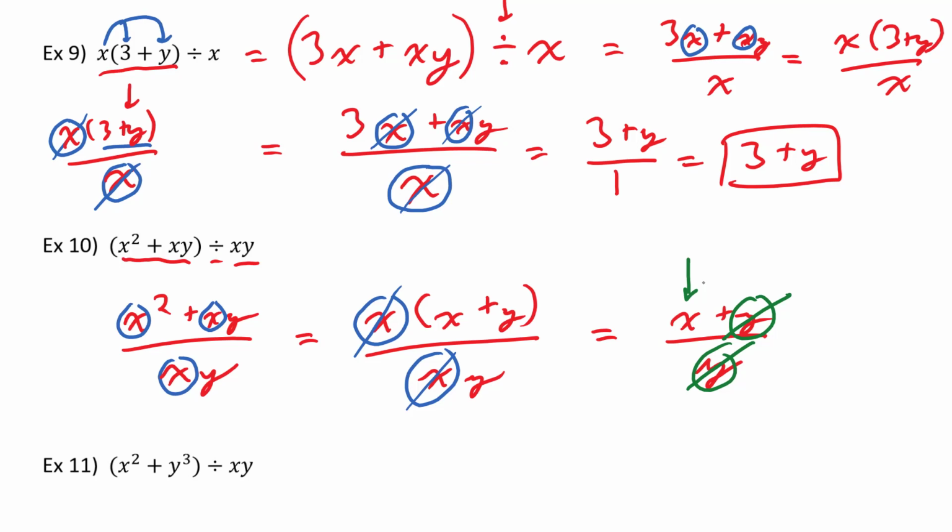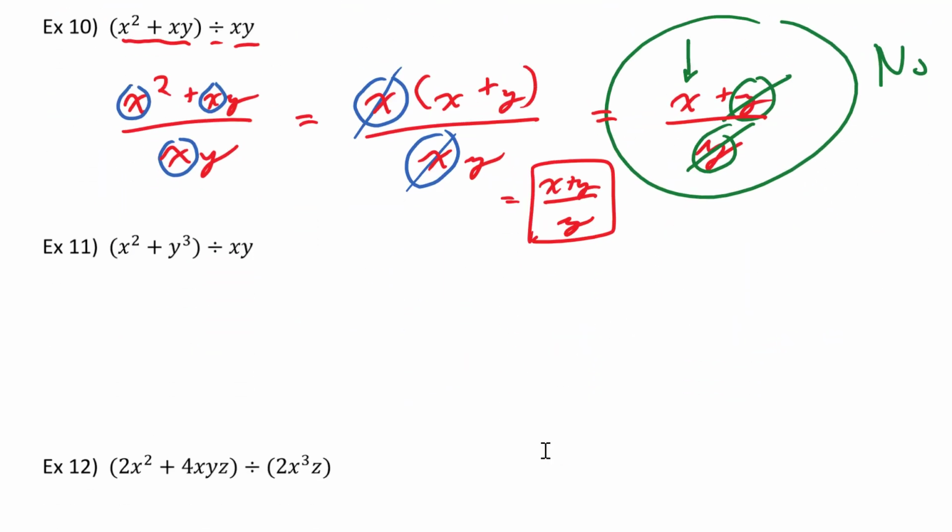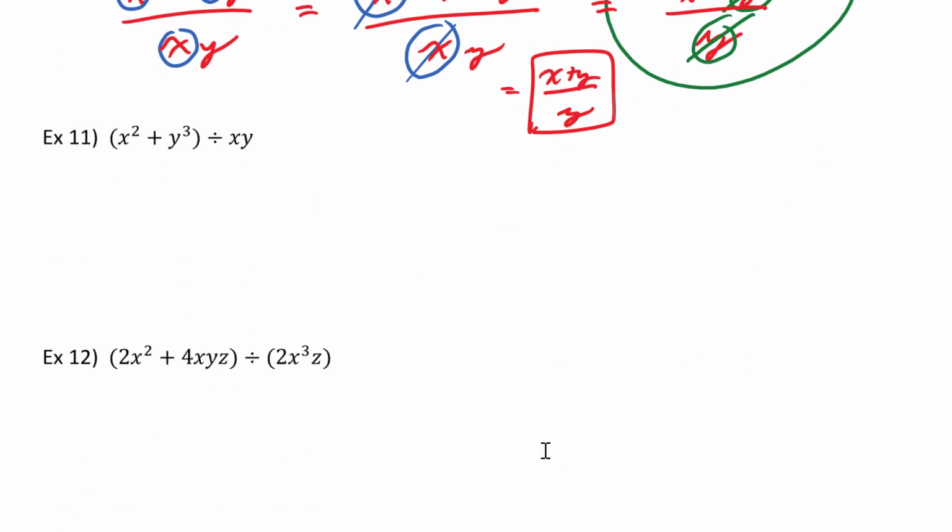The x does not have a y, therefore, you should not do this. So I'm going to write no right here. This final answer should just be x plus y over y. Until we know what x and what y is, there's nothing else we can do further. I'd like you to give 11 and 12 a try now. Pause your video, give it a try.